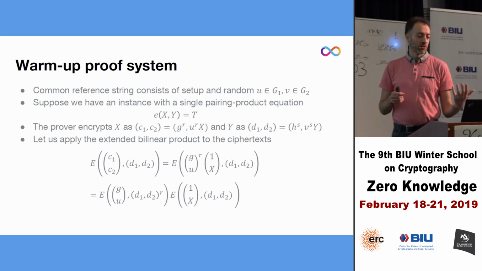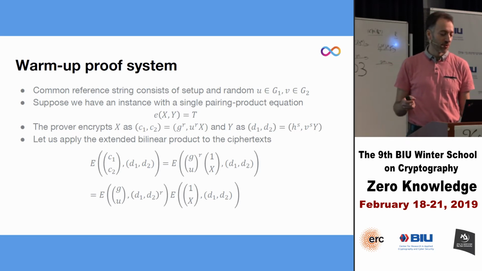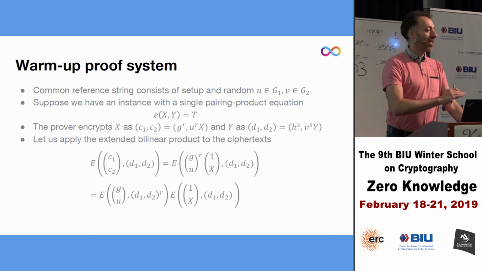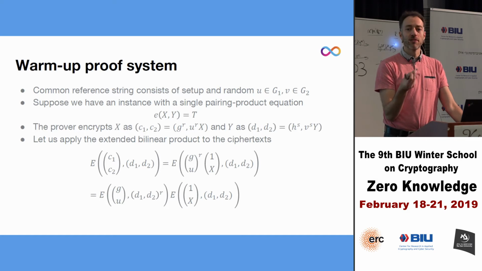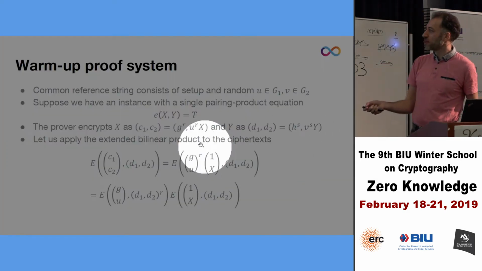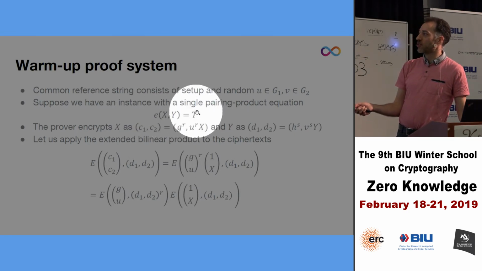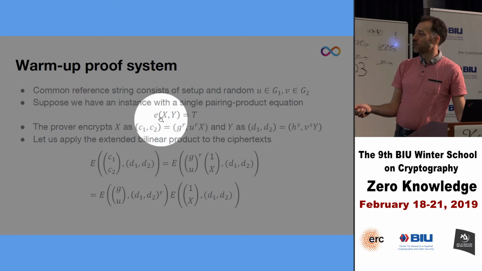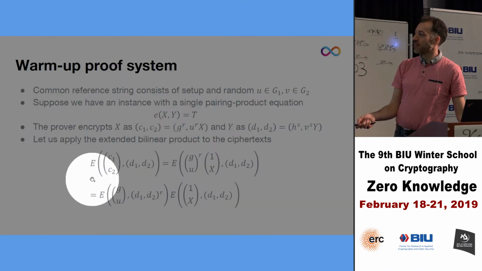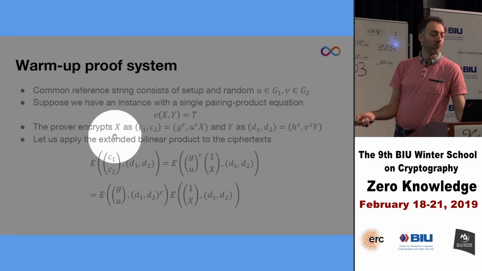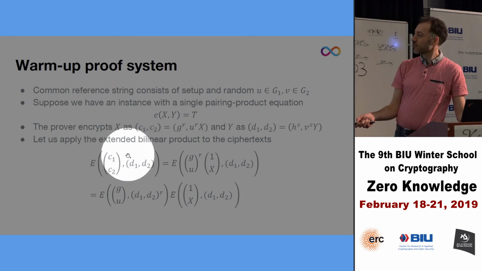A theme that goes through all of these Groth-Sahai proofs is that essentially we do the same thing with an extended bilinear map that we would want to do with a regular pairing, okay? In this case, what we really want to verify is that the pairing of x and y is equal to this known target t. What we'll do is use the extended bilinear map and put in the ciphertext instead of the original plaintext.